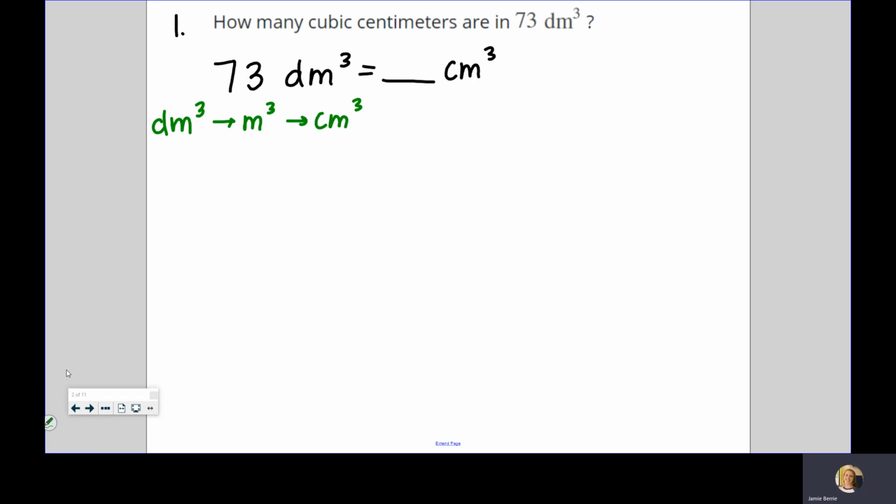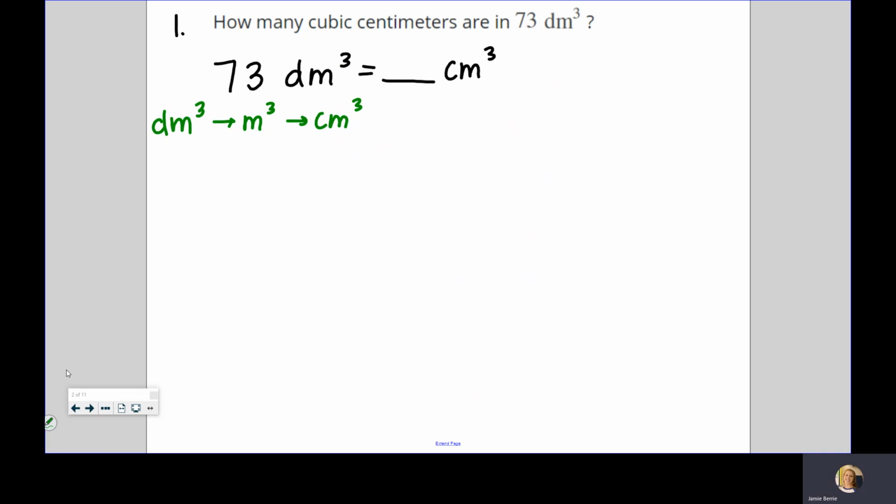So we'll convert decameters to meters, and then meters to centimeters. And some of them are like this. I want to say there was another one on the homework where you maybe had to go from centimeters to inches, and then inches to feet, something like that. So sometimes you have to go through another unit to get to the one you're looking for.